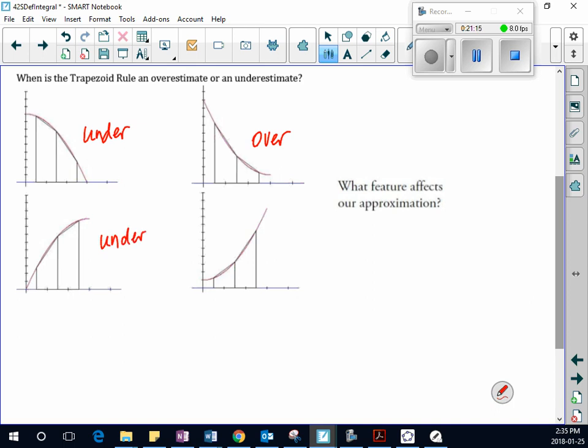This is an over. So what do you notice? Concave up is over, and concave down is underestimating. Yes? Okay, so now I'm going to show you a table, I think.